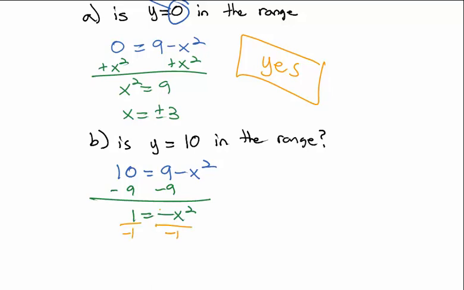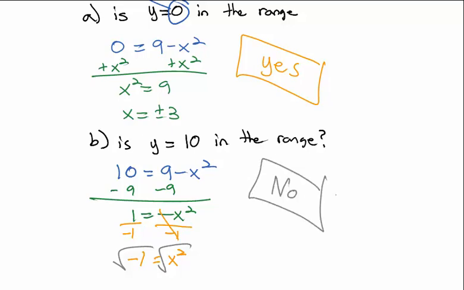Divide by the negative 1, and x squared equals negative 1. And then we try and take the square root. But we can't. We can't take the square root of a negative number. Because we can't do this, we will say no, 10 is not in the range of this function.